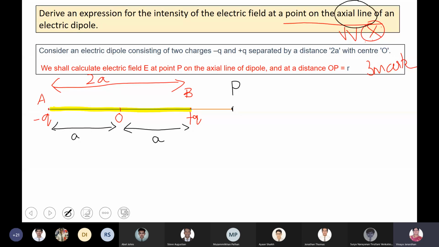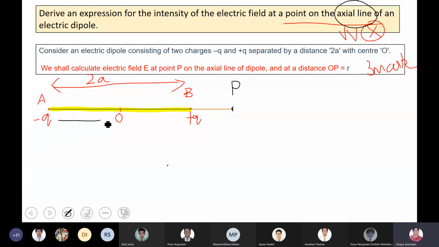That is why we call this the axial line. Now this point P is at a distance of r meters from the center of the dipole.